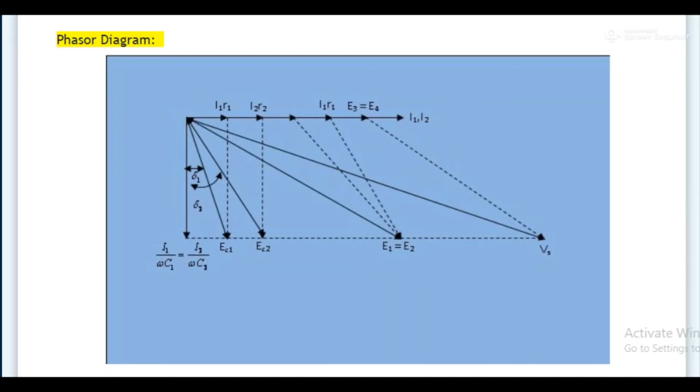I remember this with the term ICE: I-C-E. C is capacitor. If I is before C, it means current is before voltage in a capacitor.